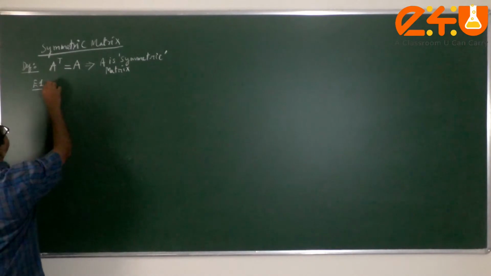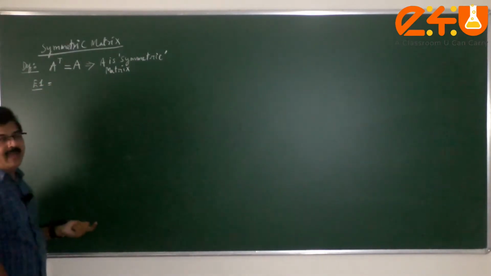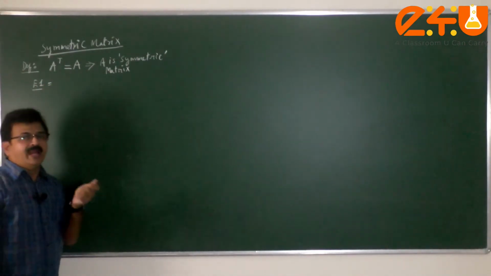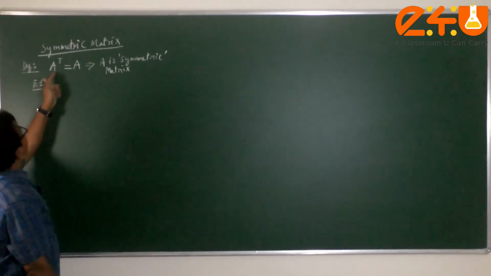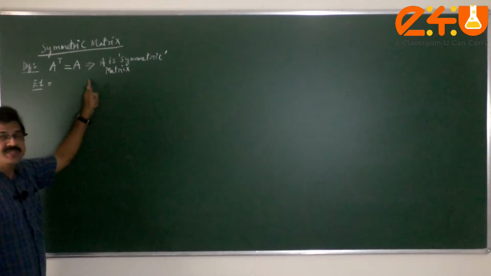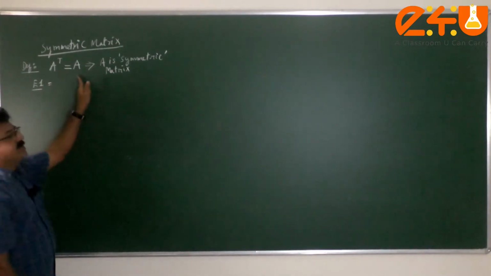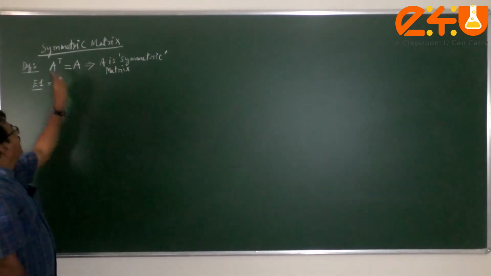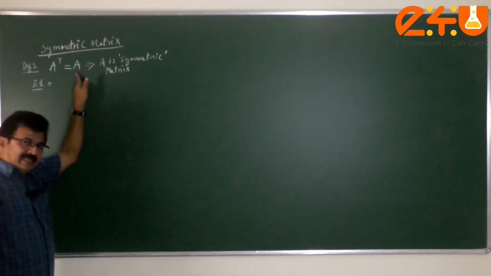The orders of the transposed matrix and the original matrix, the matrix on the left and the matrix on the right, already convey that meaning. Two matrices cannot be equal if their orders are different, isn't it?